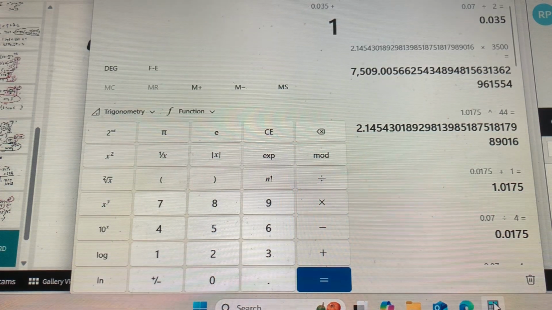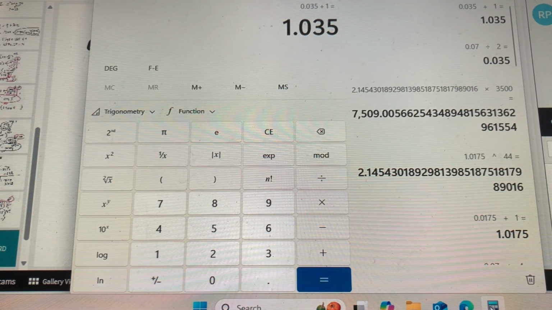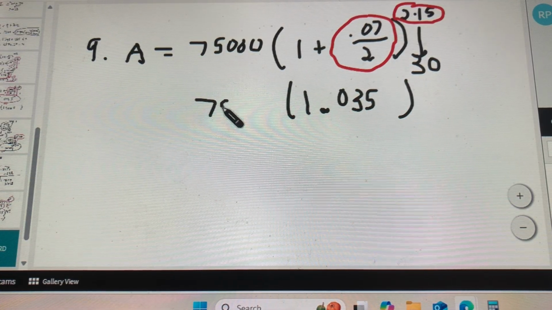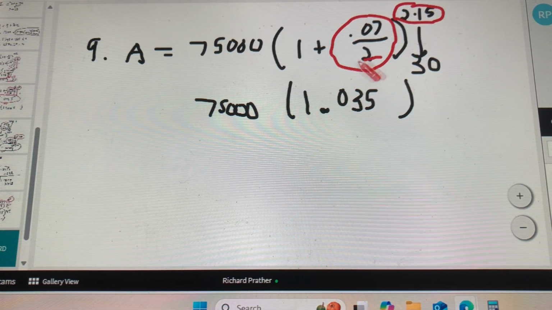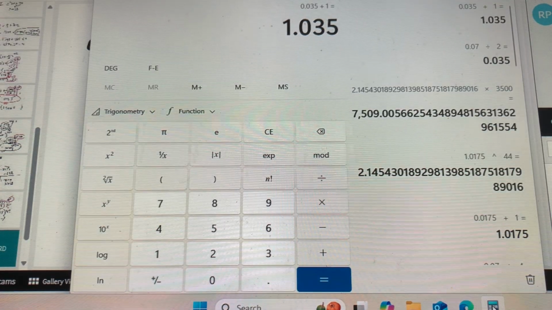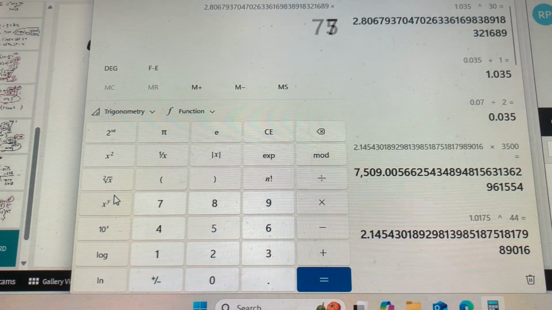Then add the 1, so it's 1.035. Just always add that 1, and it's always 1 point whatever it was. I kind of do those 2 steps together. And then by order of operations, you would do the exponent before you would multiply. So now raise it to the 30th power. And then multiply by the 75,000.